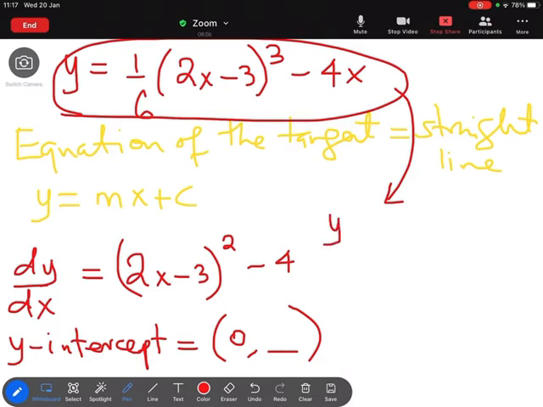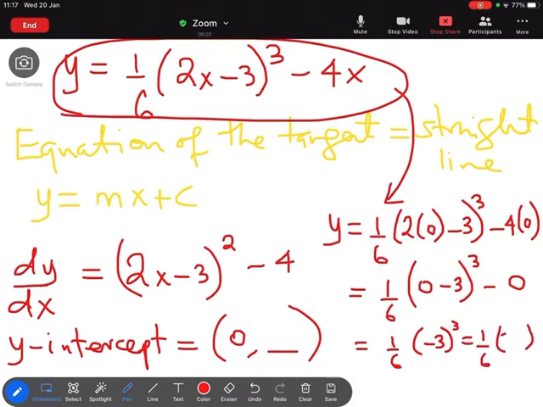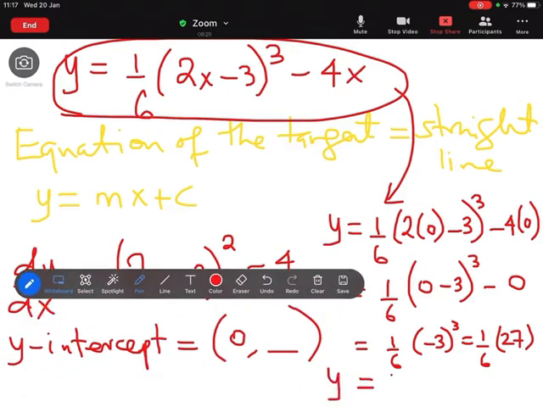So we shall have y equals 1/6 (2 times 0 minus 3) cubed minus 4 times 0, which becomes 1/6 (0 minus 3) cubed minus 0, which will be 1/6 (negative 3) cubed, which is 1/6 (negative 27).